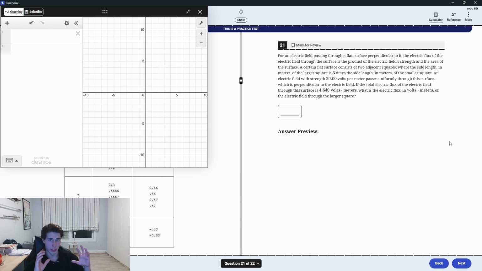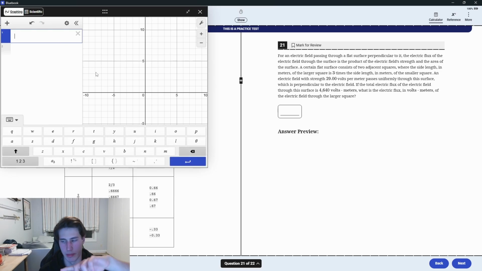Okay, so we're given the electric flux of everything, and then we need to find what it is through the larger square. So in this case, we have two flat squares, where one is 3x the other one. Okay, so we can draw this out. Pretty much imagine a square, something like this, and this is 3 times the small square. So we have 2 squares here.